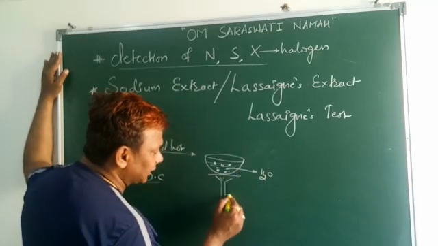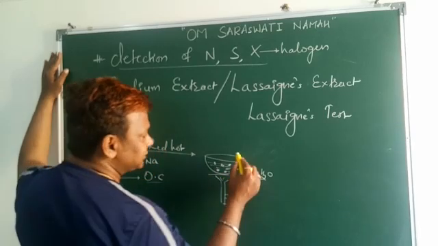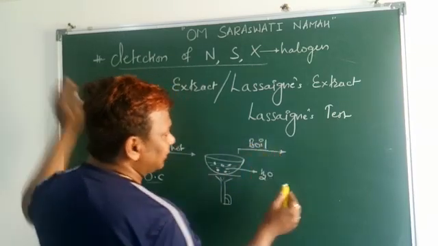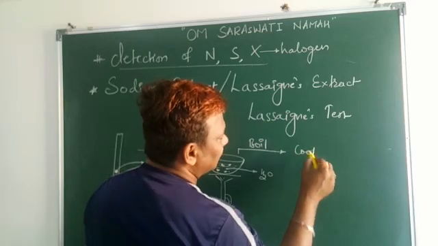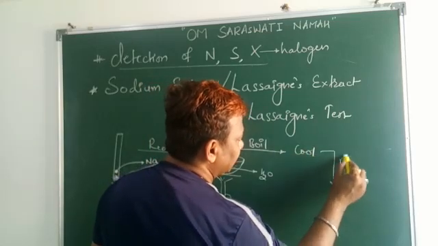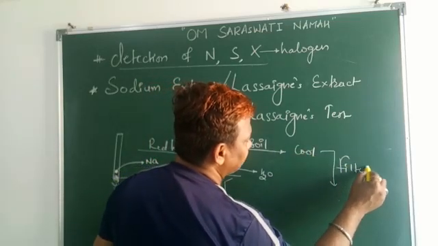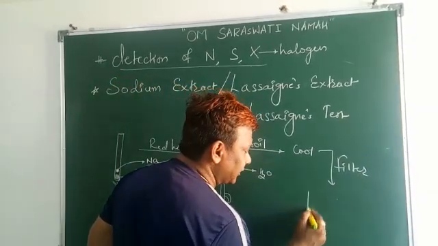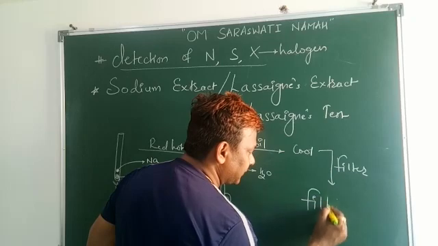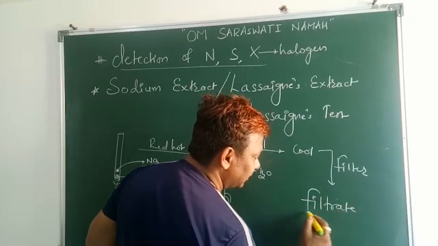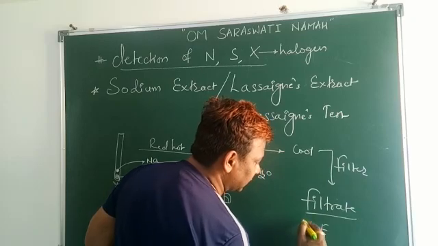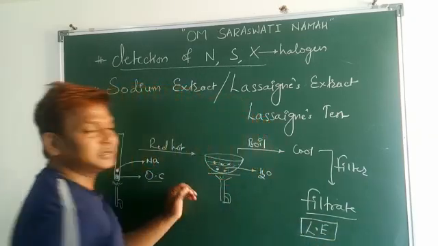That means we should boil it. After boiling, cool it. After cooling, filter it. By filtering, we get the precipitate and filtrate. This obtained filtrate will be called the Lassaigne extract, or the sodium extract.